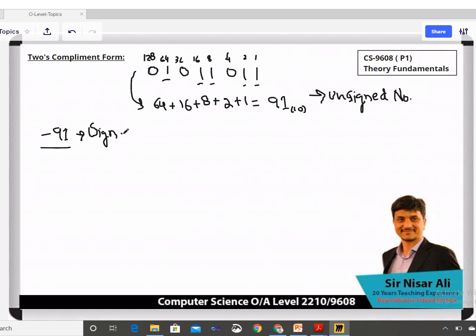This is an example of a signed number, and to represent a signed number we use the 2's complement method.